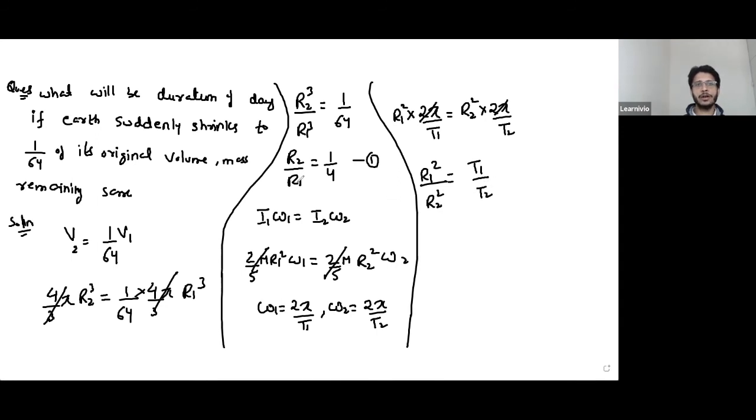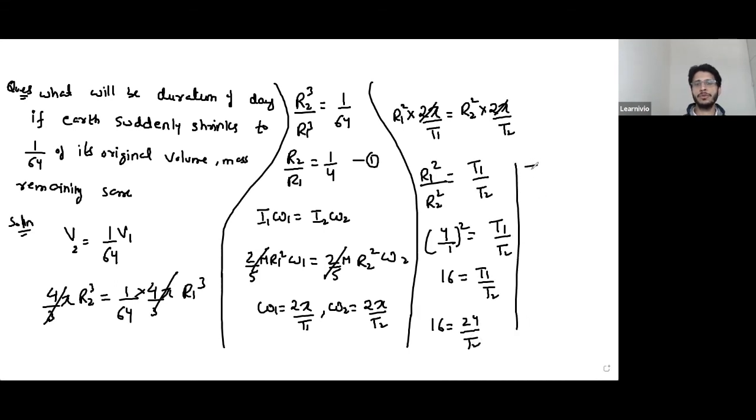You know that R2 by R1 is 1 by 4. That means R1 by R2 will be 4 by 1. 4 square is T1 by T2, so it comes out to be 16 is T1 by T2. So T2 is T1 by 16, where T1 is 24 hours, the time period of rotation of Earth.